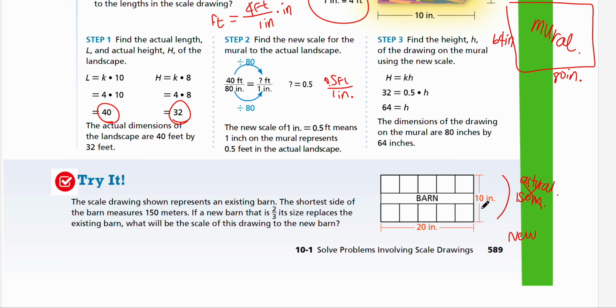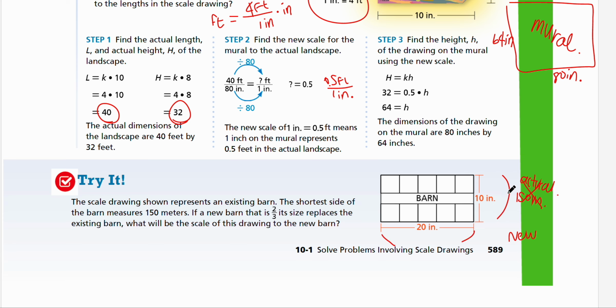Okay, are you ready? So what kind of information do we have? If a new barn is 2/3, we can first figure out the actual dimensions. We already know that the actual width would be 150. We just need to find the actual length.